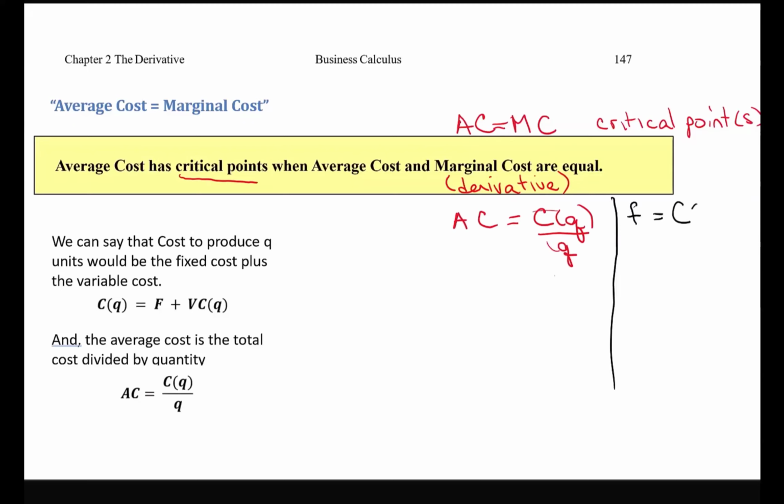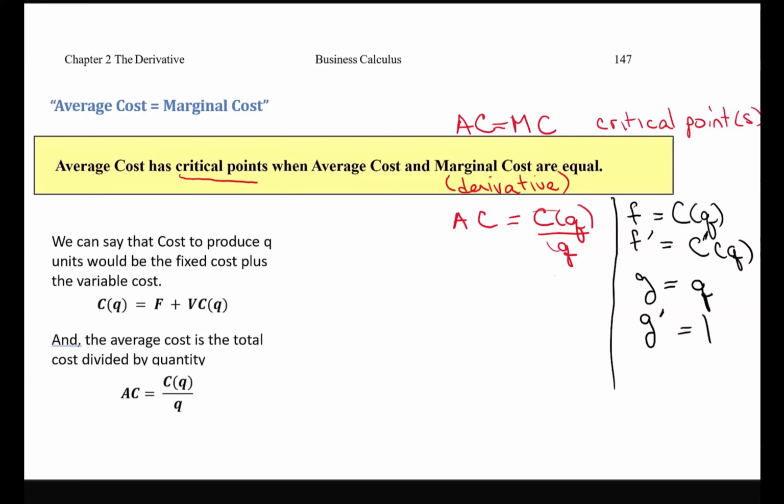My f is C of Q, which is just a function of Q, but that means that f prime is equal to C prime of Q, the derivative of the cost. And I could say that g is equal to Q, and the derivative of g with respect to Q is equal to 1.